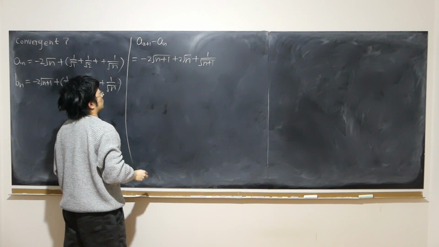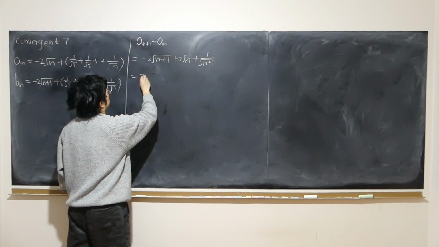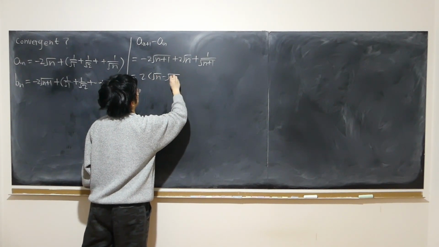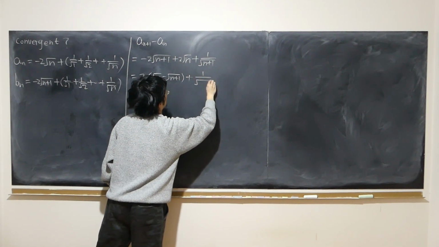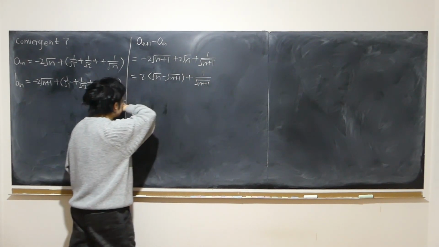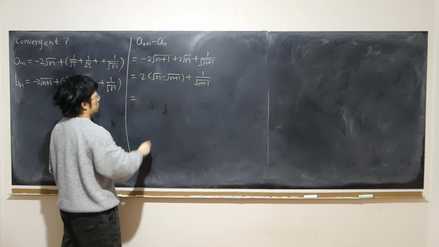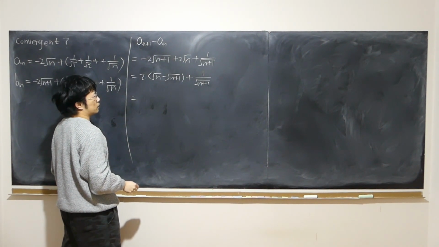So I'm going to take out the 2. And what I have is 2 times the square root of n minus the square root of n plus 1, plus 1 over the square root of n plus 1. So I'm going to rationalize the numerator. I'm going to multiply both the top and bottom by the square root of n plus the square root of n plus 1.